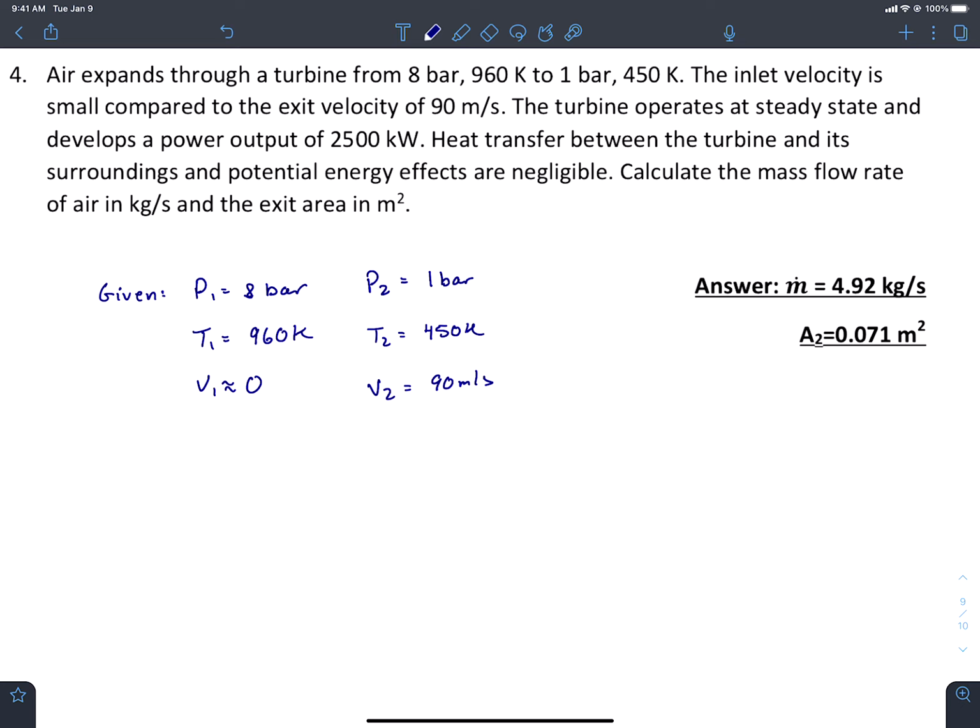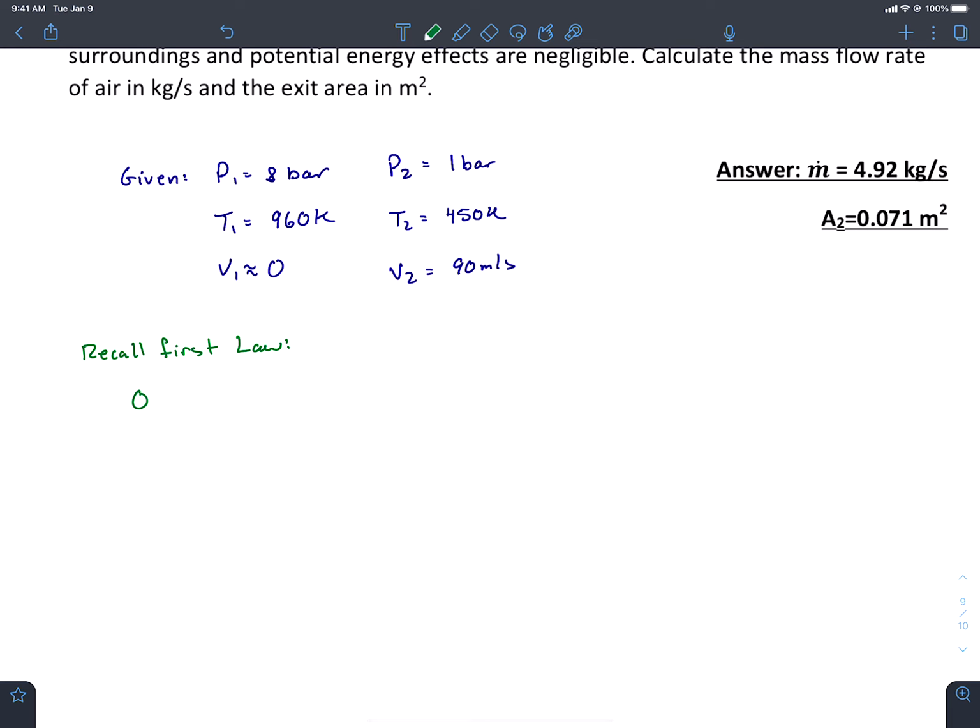So recall the first law, which is Q plus W equals change in internal energy plus change in kinetic plus change in potential.